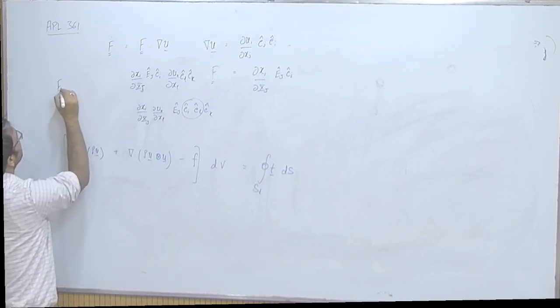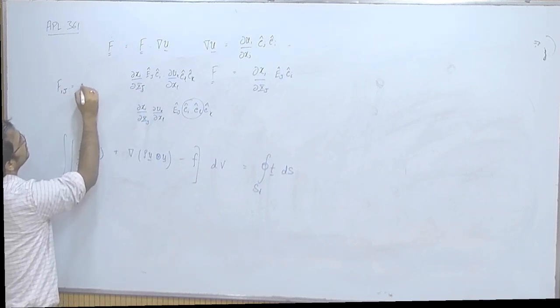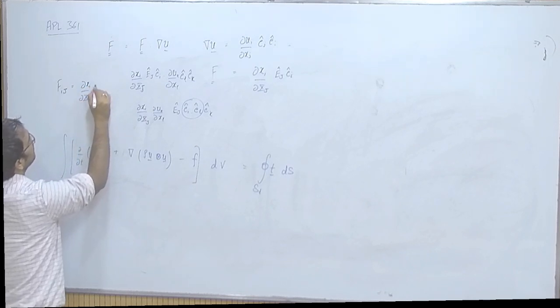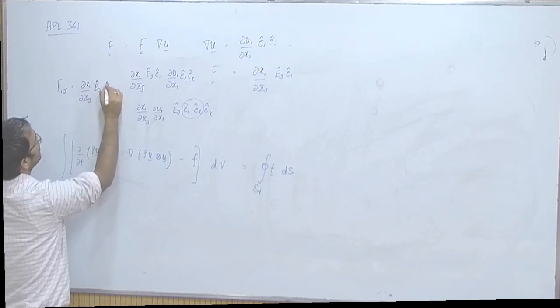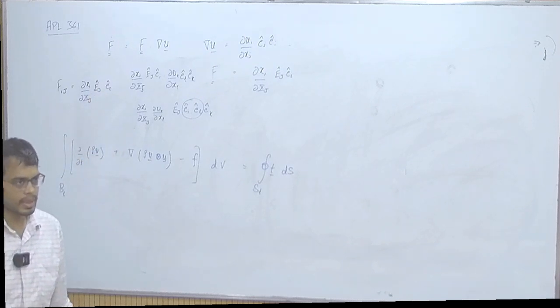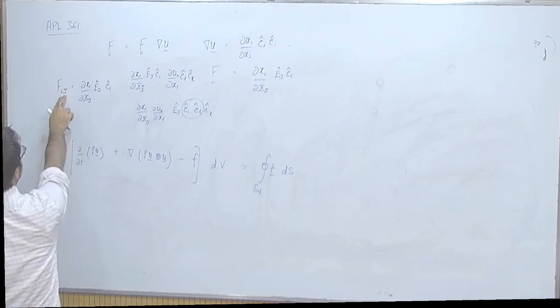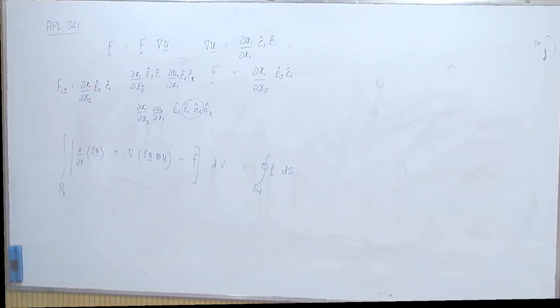So the Fij definition is del xi over del xj e hat j e hat i. These indices are chosen based on these guys. I mean, that's just convention. There's no real hard and fast rule what you have to write.